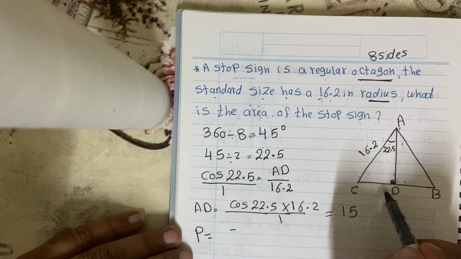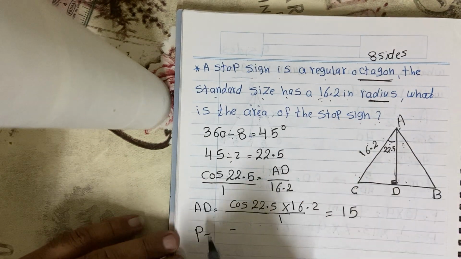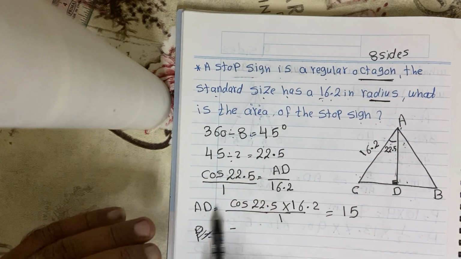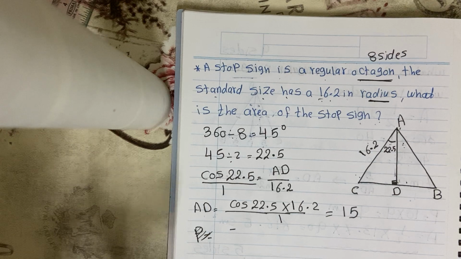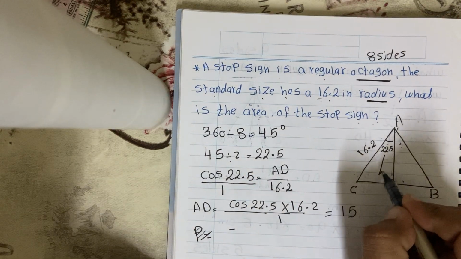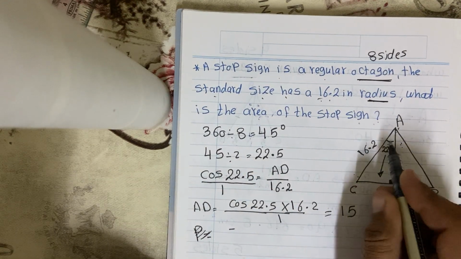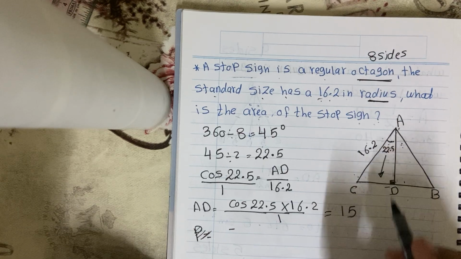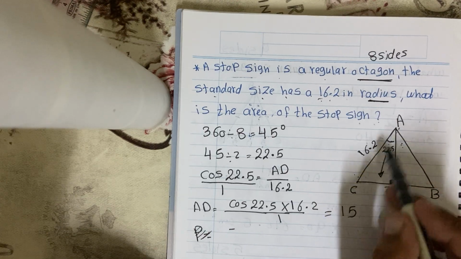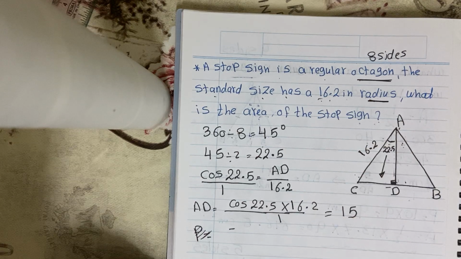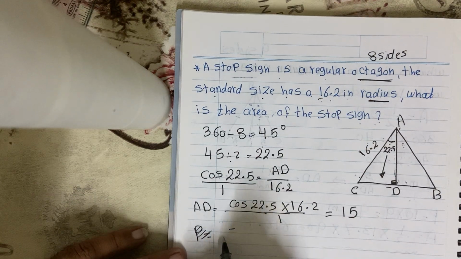I can also use a trigonometric ratio. Here I need the opposite to this angle. CD is opposite to this angle, and I have the hypotenuse. So I will use sine.